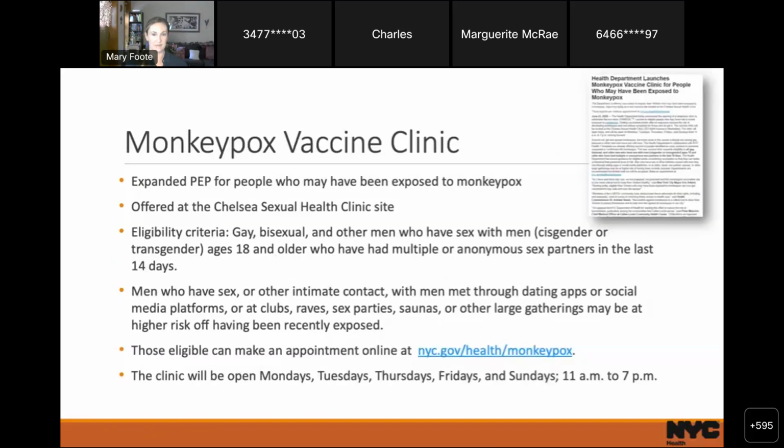And our new exciting development, this was announced and kicked off yesterday. We are the first jurisdiction in the country to offer what we're calling expanded post-exposure prophylaxis for people who are at higher risk of having potentially been exposed to monkeypox already, due to their recent risk factors.